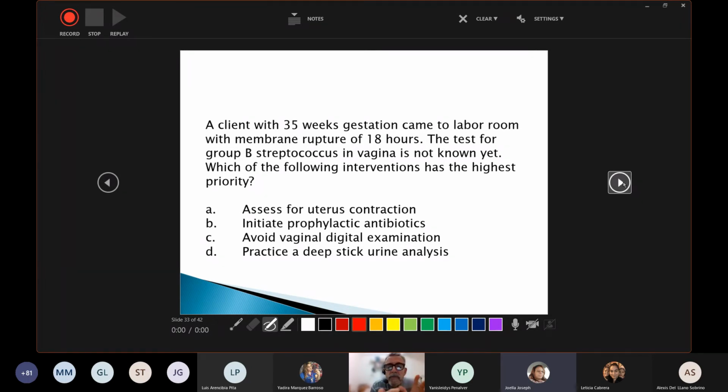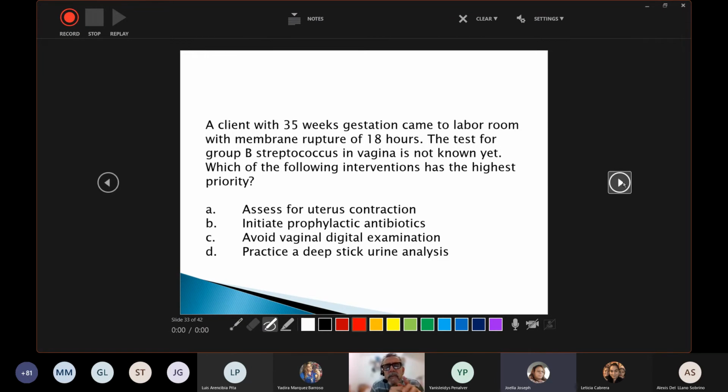So now you understand the meaning of the rupture of the membranes and what it has to do with infection control. The test for group B Streptococcus in the vagina is not known yet. The Streptococcus B or Streptococcus agalactiae, to be more precise, is the most common bacteria infecting the endometrium or the uterine cavity in those situations.